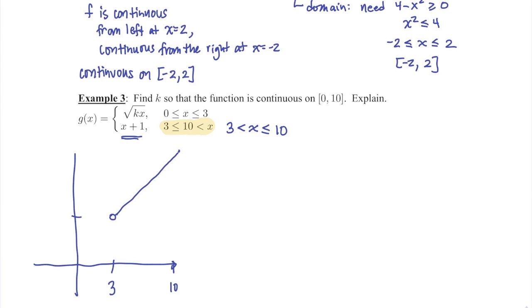So I'm just going to label this. That stops at 10, 11. Right? So between 3 and 10, I'm using the function y equals x plus 1. And so I'm going to just have this linear piece. Before that, I have the square root function, but with this factor of k inside, technically that's a horizontal compression or a stretch, depending on the value of k, right?